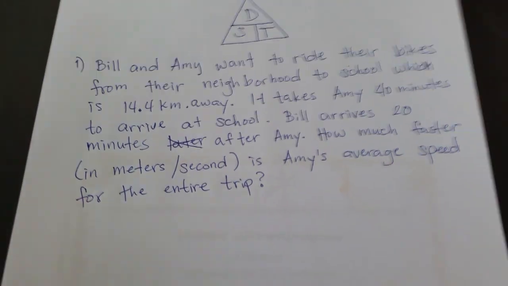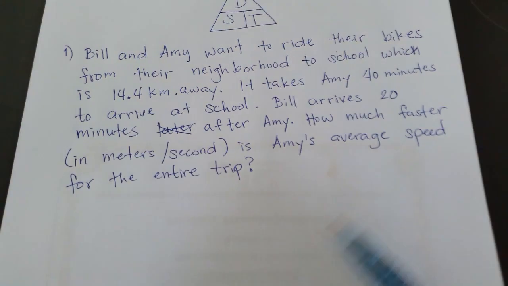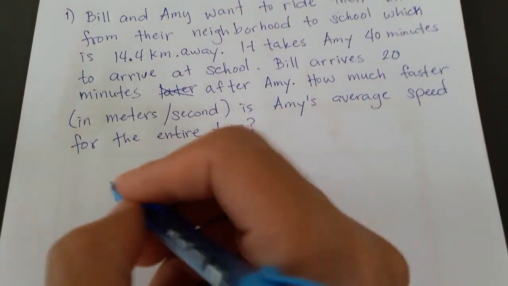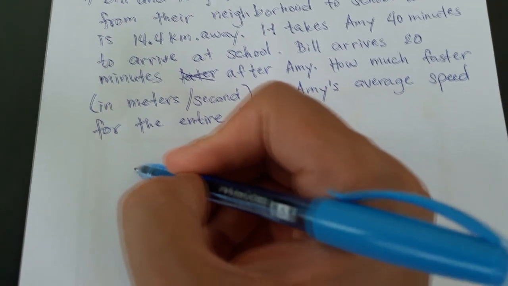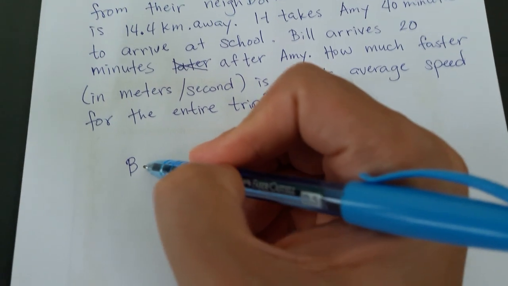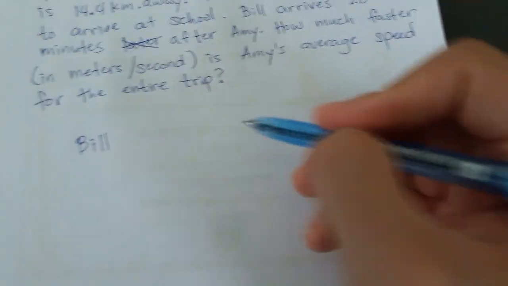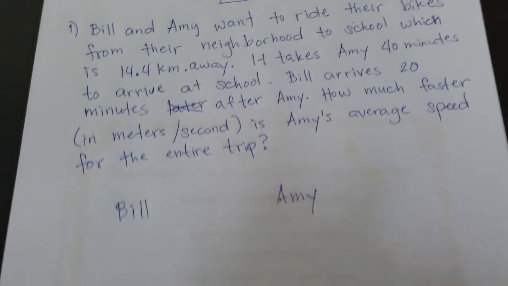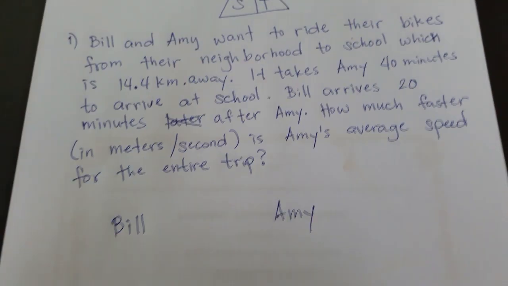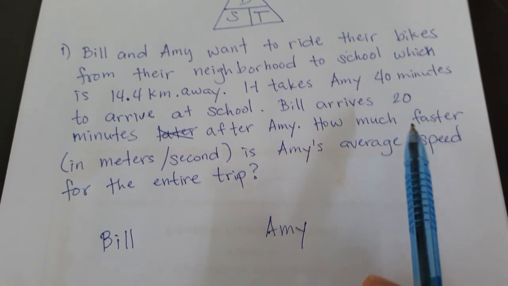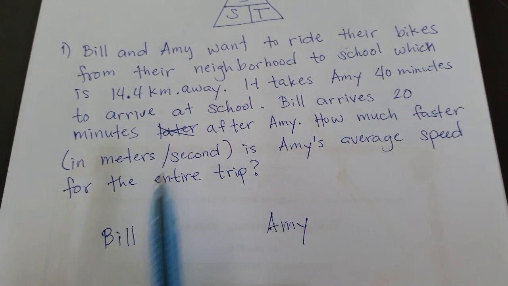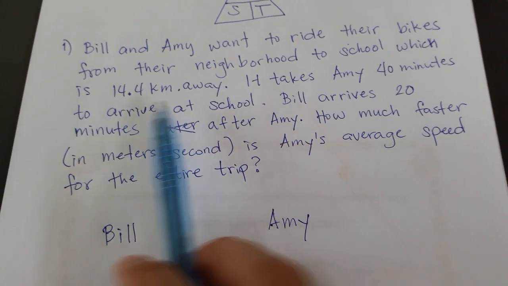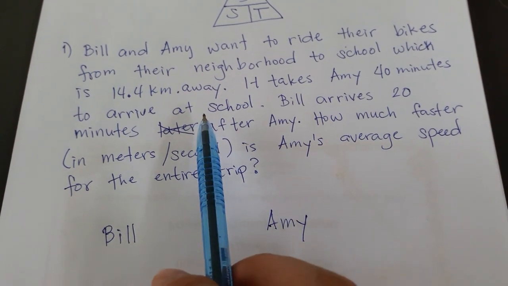So first we have two characters here, Bill and Amy. So let us write their names first. This is Bill and this is Amy. They're going to where? To school, right?